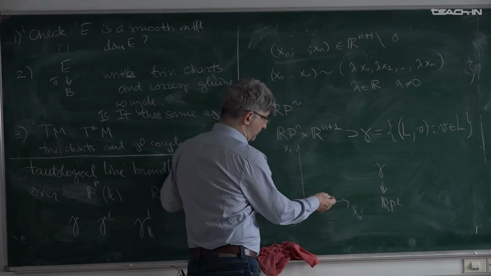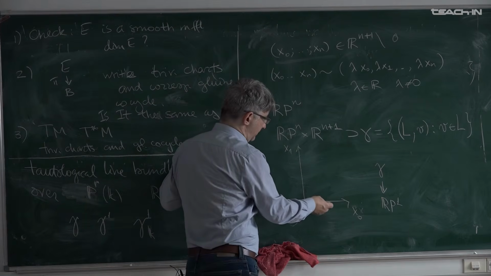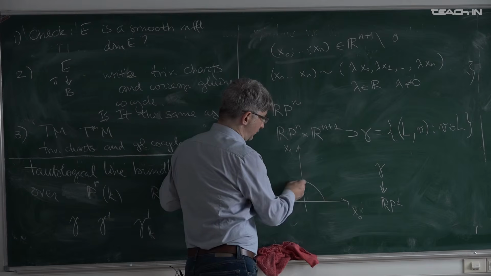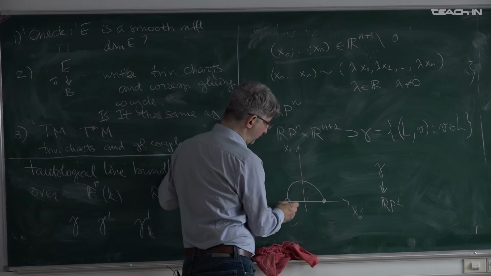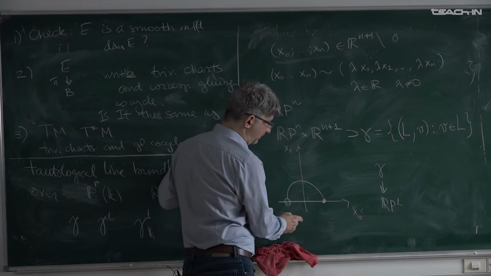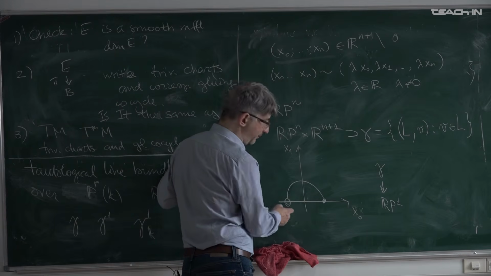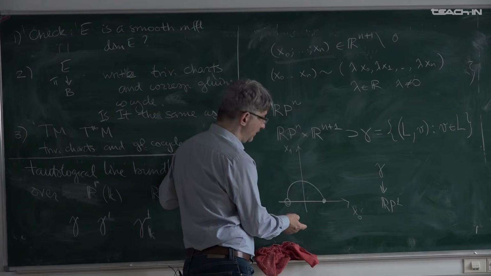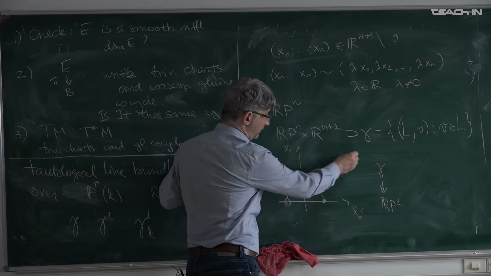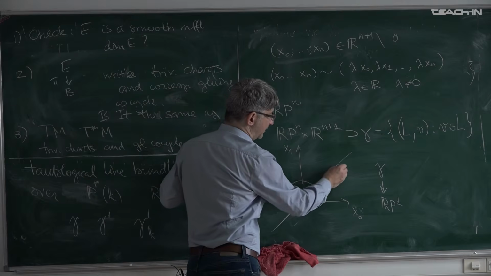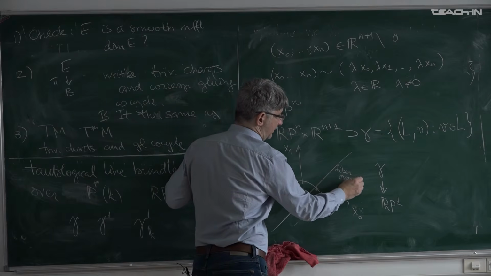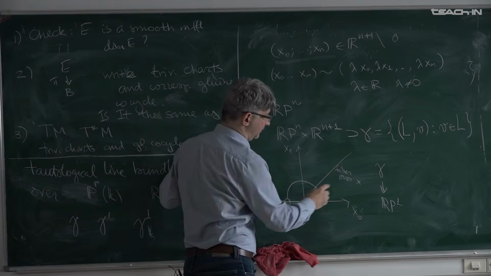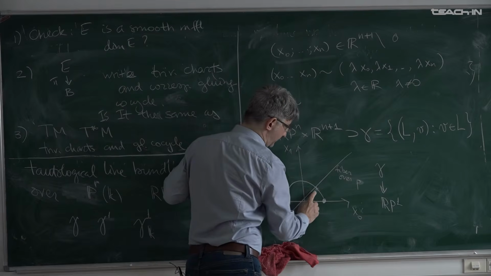Maybe, okay, so say this point is included, this point is not included, because if you go under this axis, you will repeat the points. So this is a fiber over X, where X is here.